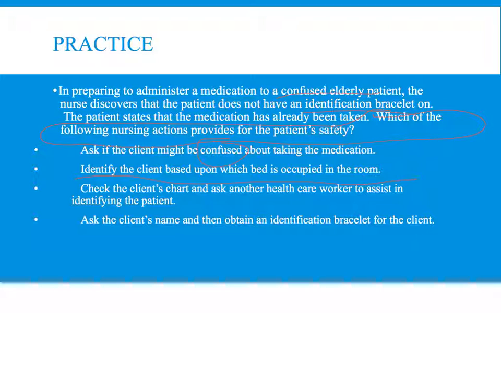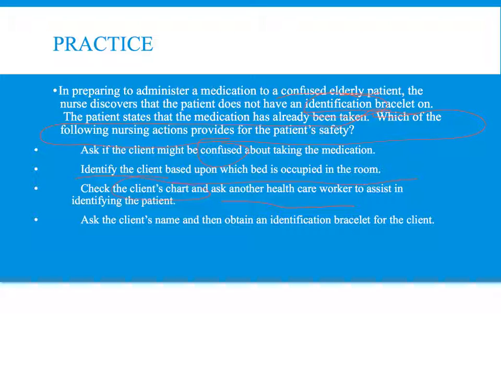So let's move on to C. Check the client's chart and ask another healthcare worker to assist in identifying the patient. Okay, that could be helpful. And if you look, this kind of helps us with a couple of the problems. Another healthcare worker could help us with this identification issue.